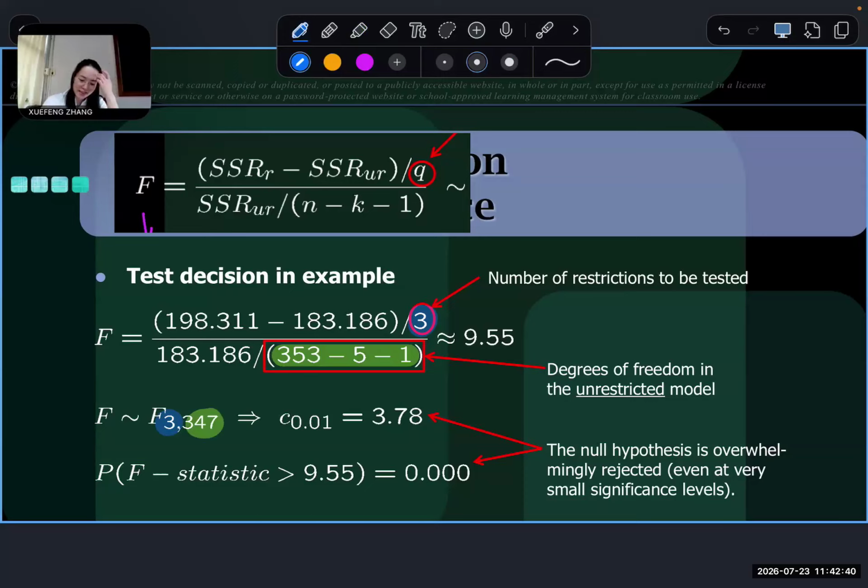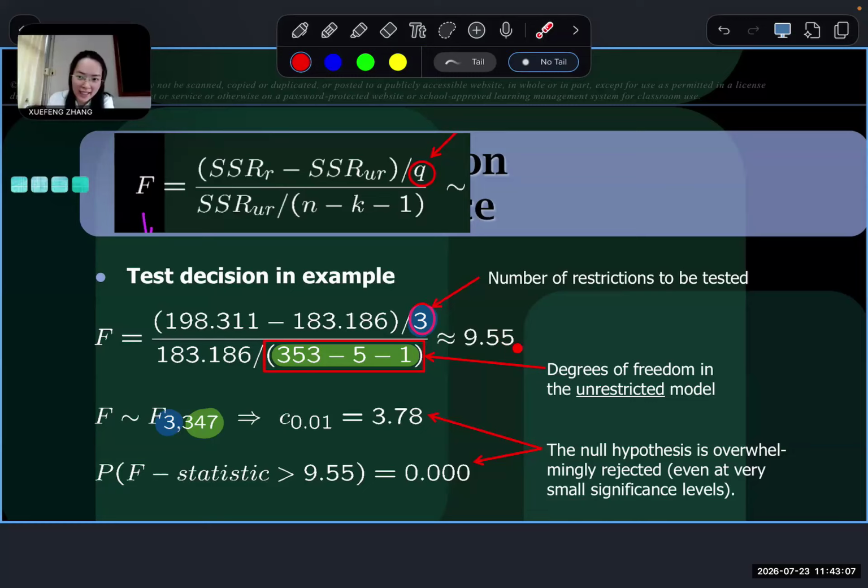And in this case, we use the critical value at 1%. At 1%, the critical value equals 3.78. And our F statistic is approximately equal to 9.55.